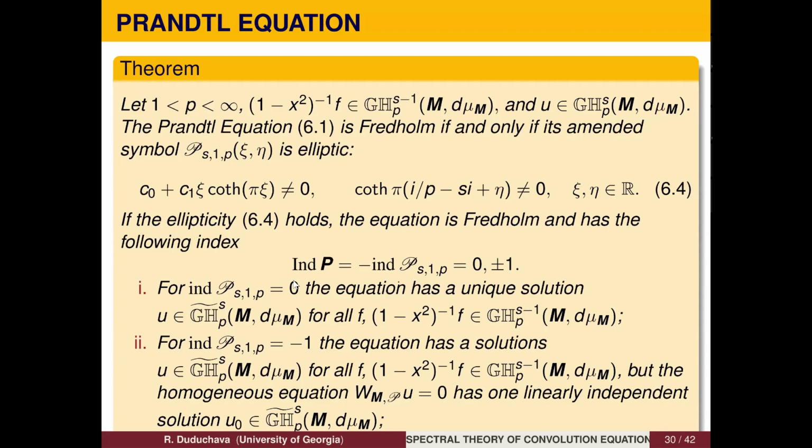If the index is 1, then it is solvable only for those right-hand sides which are orthogonal to the solution of the dual homogeneous equation. This is a standard theorem, formulated here for the now precisely written symbol for the Prandtl equation.